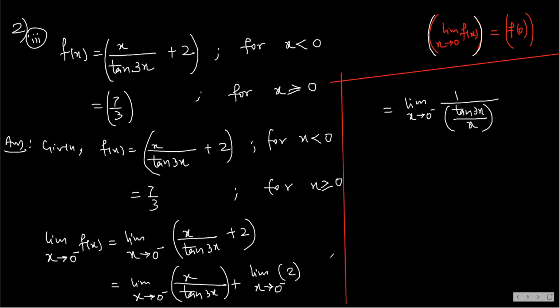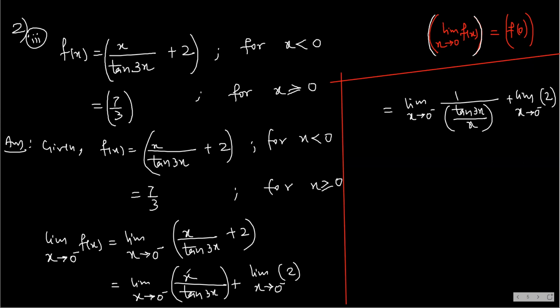See students, when I'm teaching you all this, I assume that you know a little bit of limits. In case you are not thorough with how to evaluate a limit, then you should watch those videos on limits. And here you have limit x tends to 0 negative 2. Now see here, why did I do this?